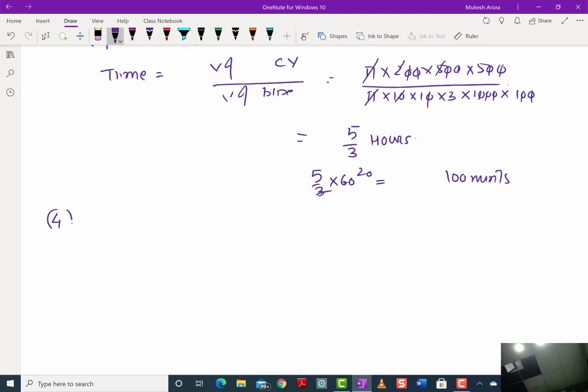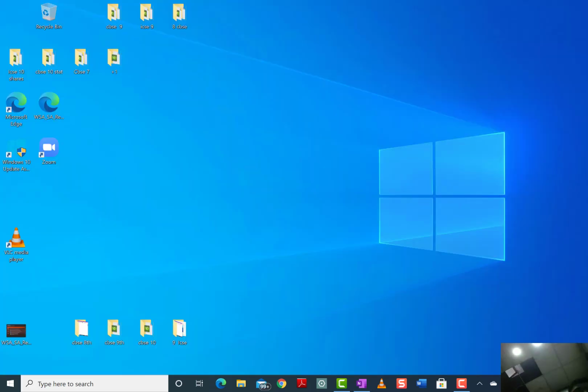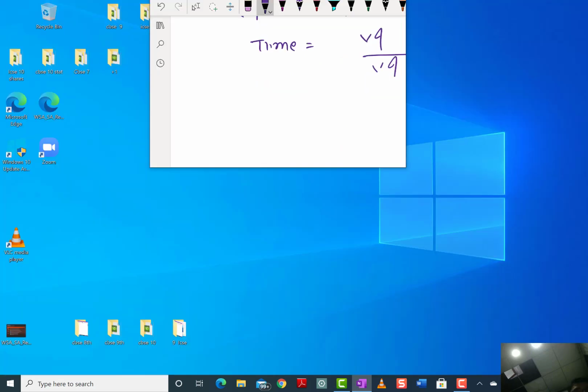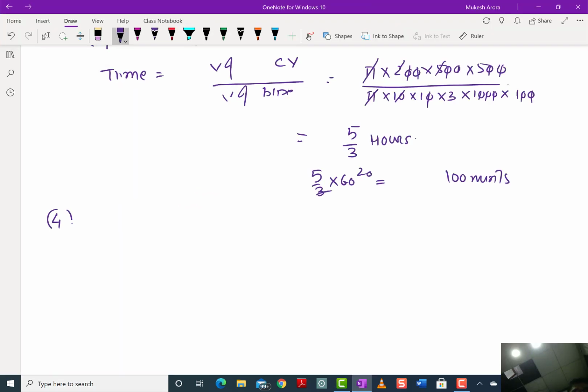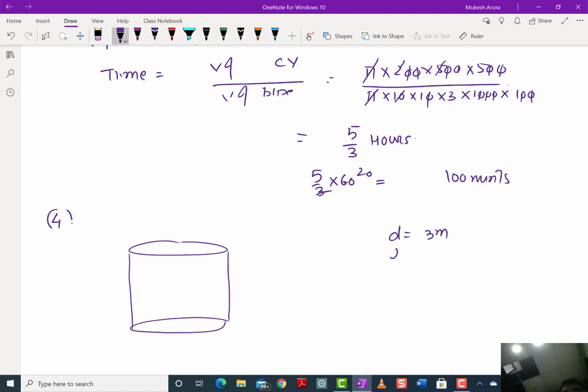Fourth, there is a well. Diameter of the well is 3 meter. Deep, height is 14 meter.